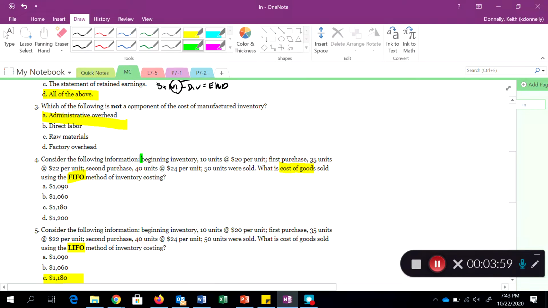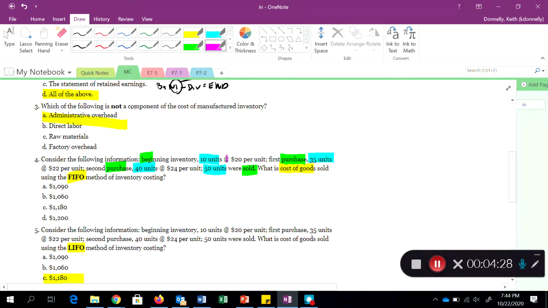It looks like we had some beginning inventory, we had a purchase, we had a second purchase, and then we sold. Our beginning was 10 units. We then purchased 35. We then purchased 40. And we sold 50.